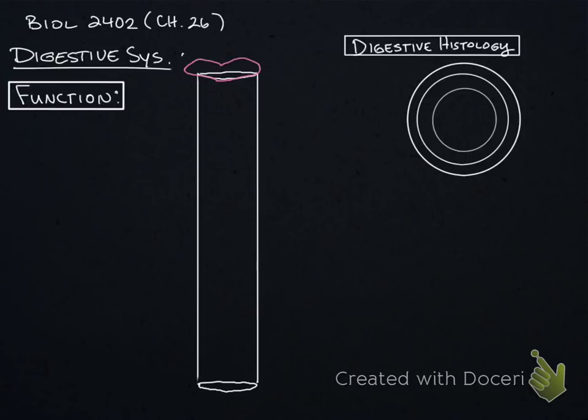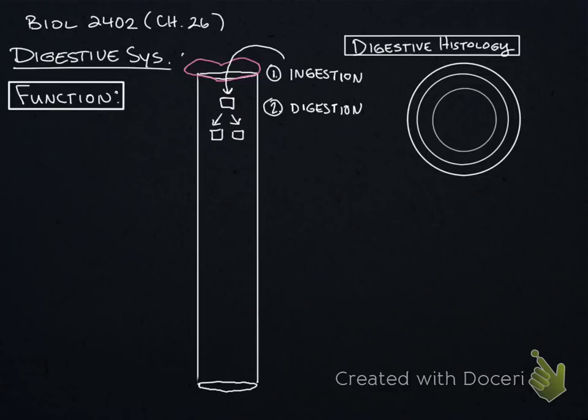The first function of the digestive system is, of course, ingestion. That's just taking in food or water. That food or water is then digested, which is the second function of the digestive system, and there are two forms of digestion.